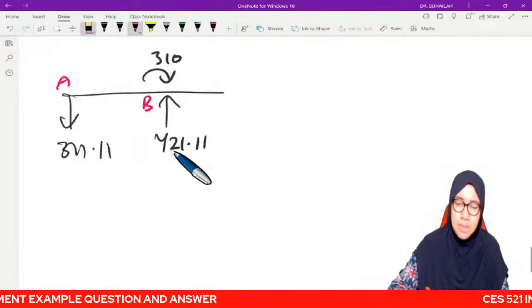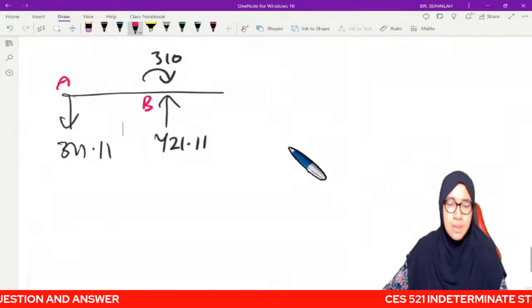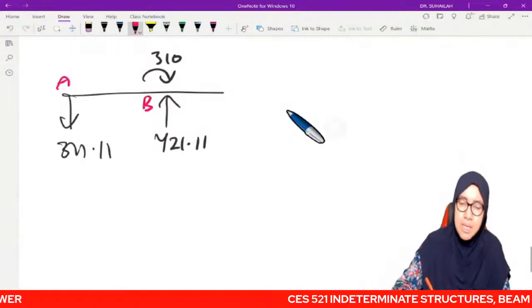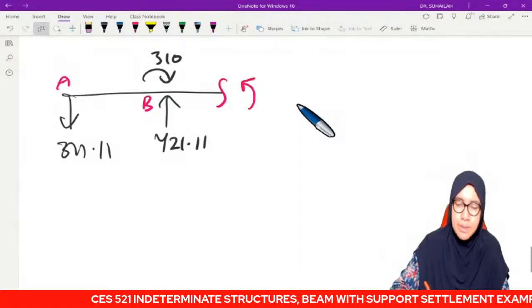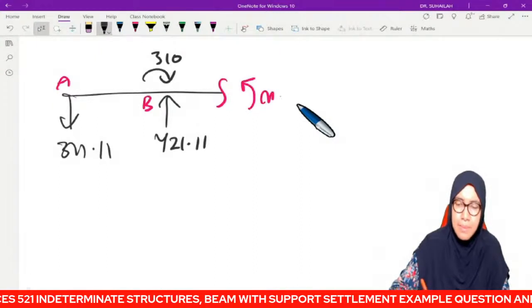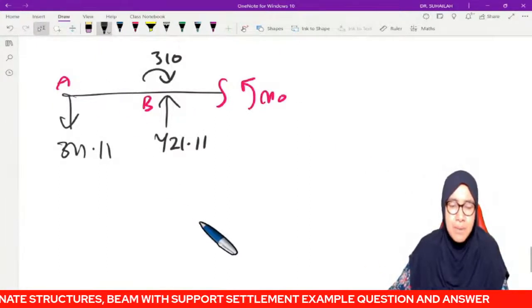Okay, so this is the cutting section. A, B, B, C, and moment. This is m naught.